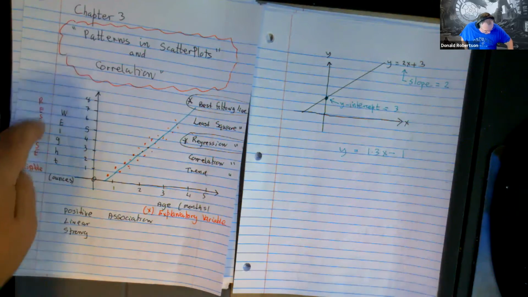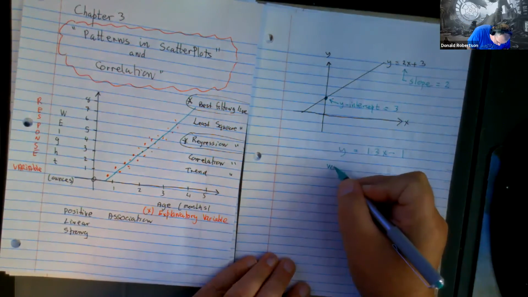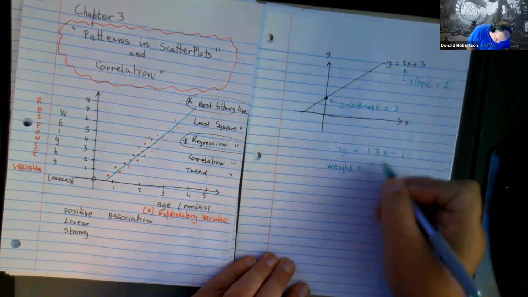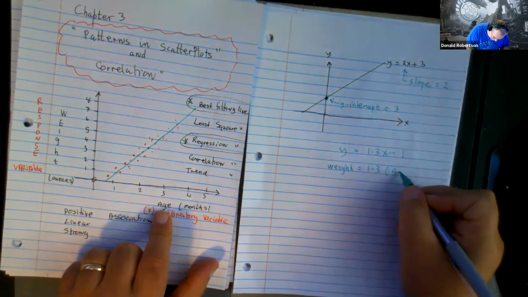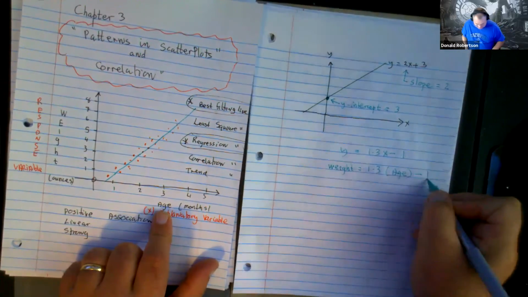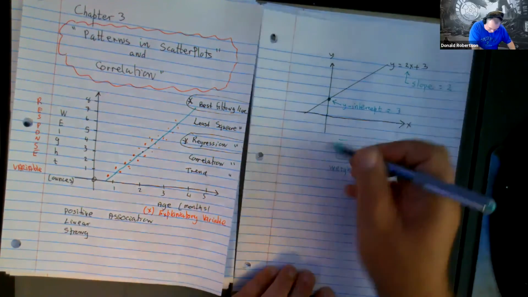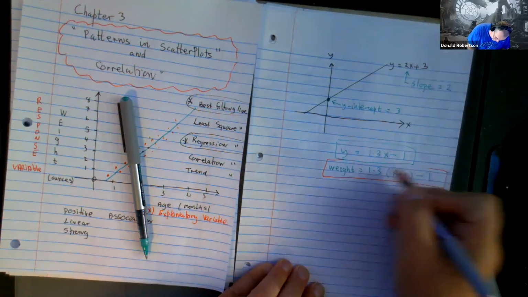Isn't our response variable the y-axis weight? So what we will do is we will call it weight, and we won't call it 1.3x, we will call it 1.3h, take away 1. So that's how you would write it for the equation of a line. Can you see how we will write it in statistics?